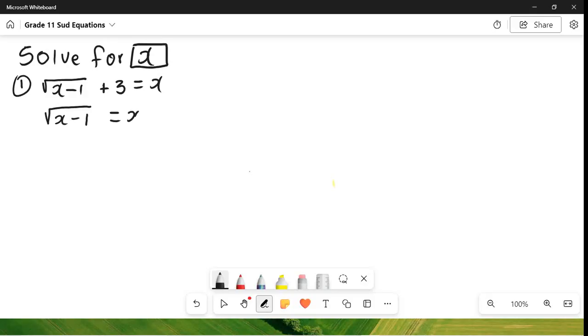So this would be equal to x, but we know for sure that when we transpose this 3 to the other side, its sign is going to change from positive to negative. If it was negative, it was going to change from negative to positive, but in this case we're going to have x minus 3.